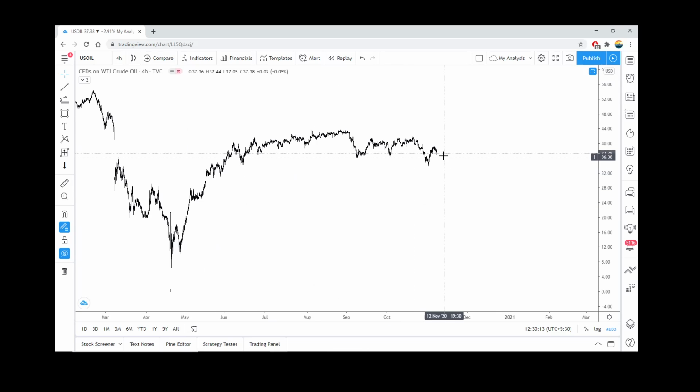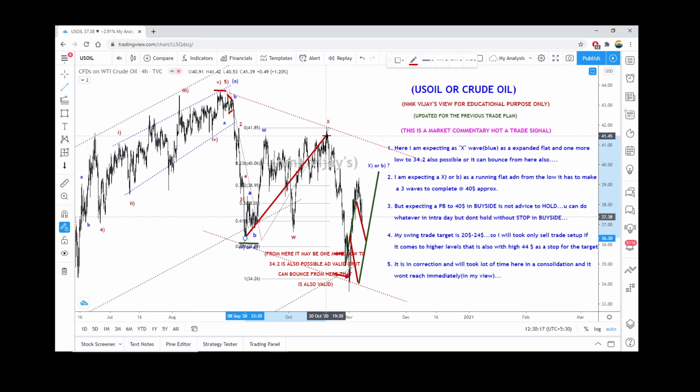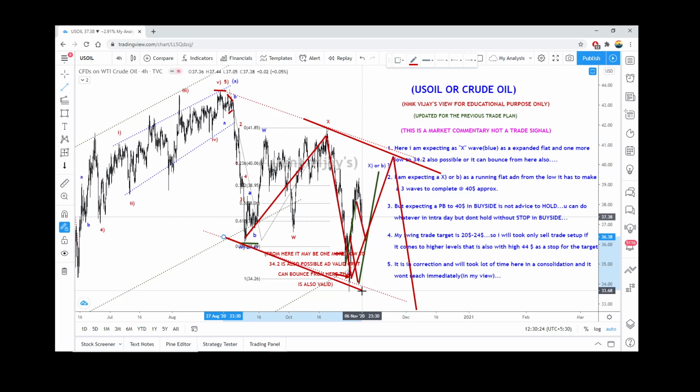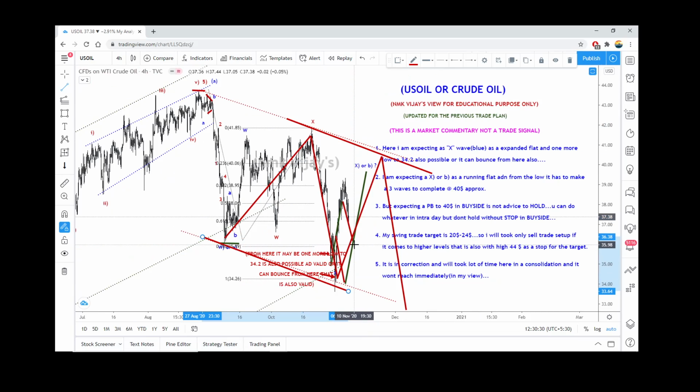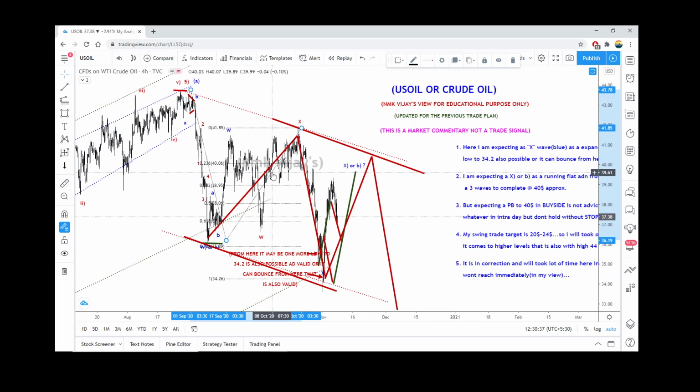So now whether this is an A, B, C, and then one more high is also possible, one more low is also possible. So A, B, C, B, and then C, because I'm expecting stocks have to fall and crude has to fall. So let's see how it works, right?